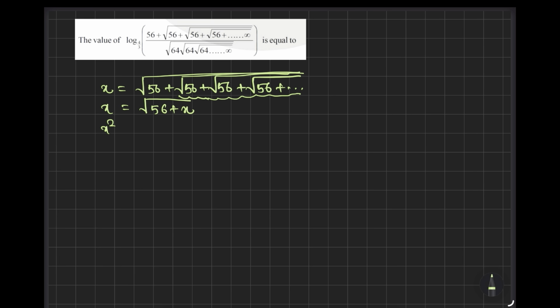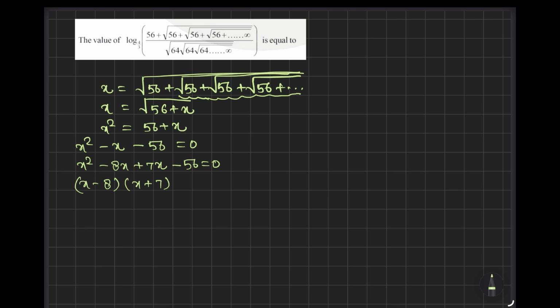So we get x square equals 56 plus x. So x square minus x minus 56 equals 0. x square minus 8x plus 7x minus 56 equals 0. So it is (x minus 8)(x plus 7).